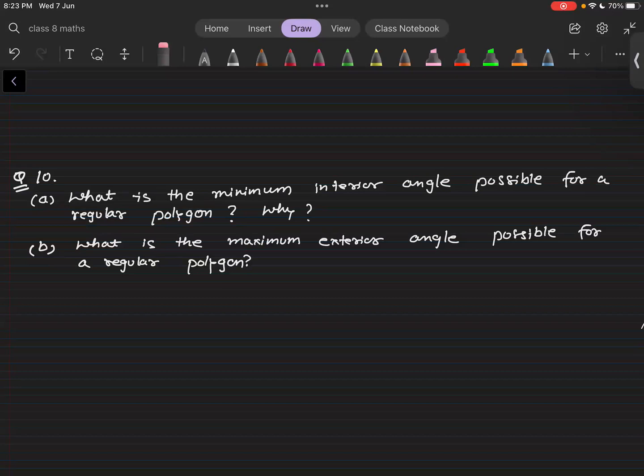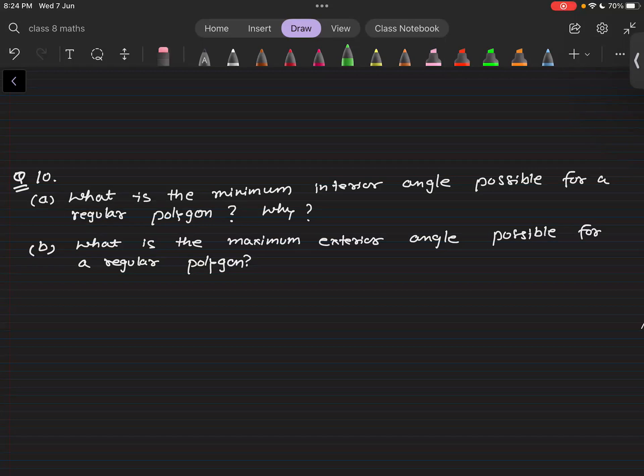Ahmed, what are you doing? It is not 360 degree. Look, the only figure where a 360 degree angle is possible is a circle, at its center, right, Ahmed? Okay.